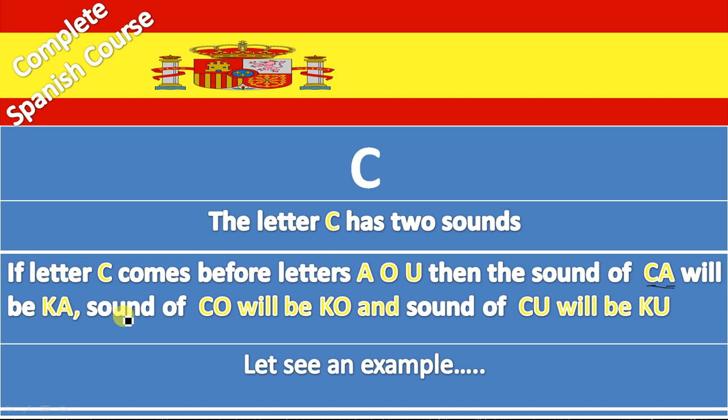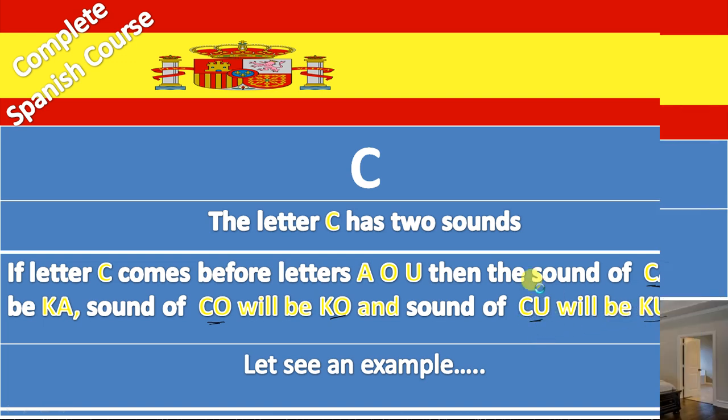The sound of CO will be Ko, and the sound of CU will be Ku. So we can say the sound of CA is Ka, sound of CO is Ko, and sound of CU will be Ku. Let's understand with the example.